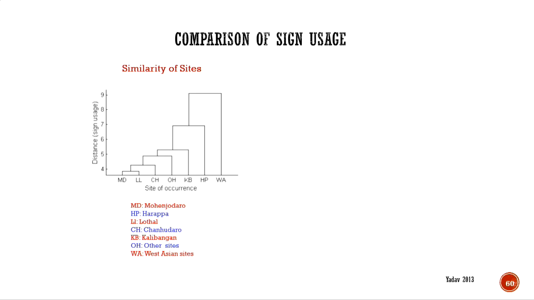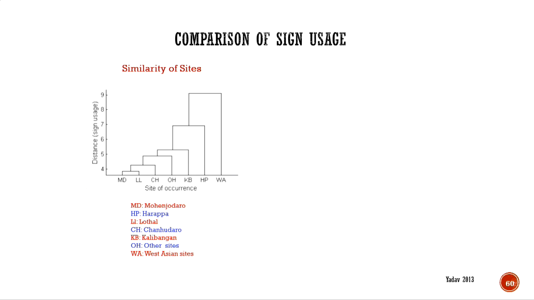So this is where we compare the usage of signs at various sites. On the x-axis, we have the different sites: MD stands for Mohenjo-daro, HP for Harappa, and so on. The distance in sign usage is marked on the y-axis. You can see that Mohenjo-daro and Lothal texts seem to have a similar pattern of sign usage.